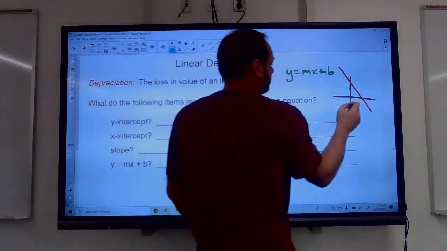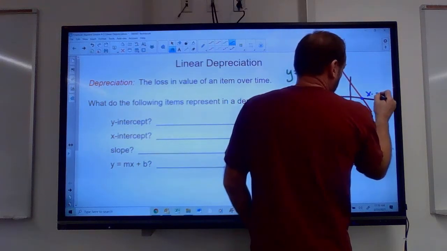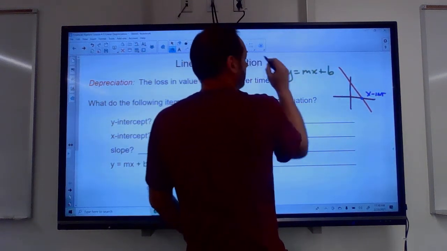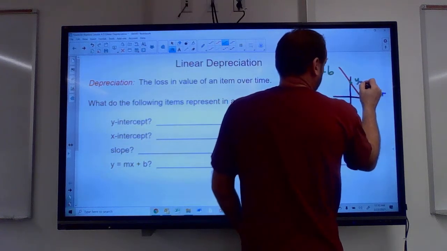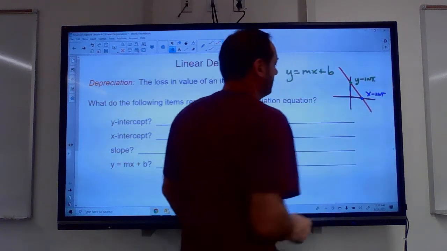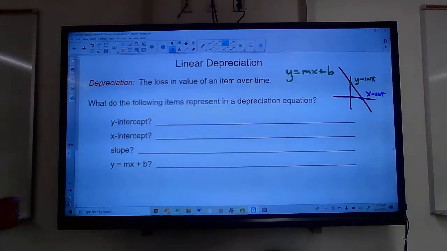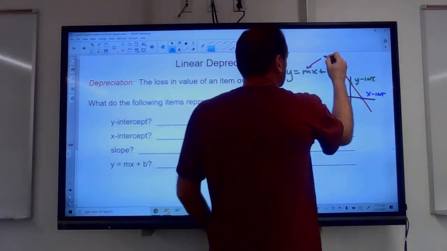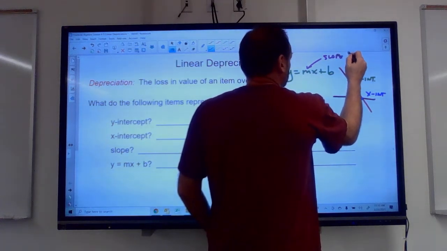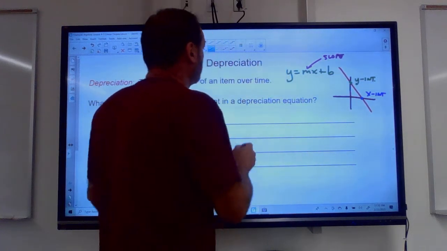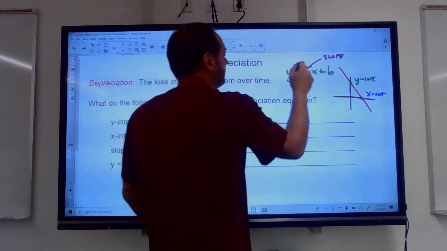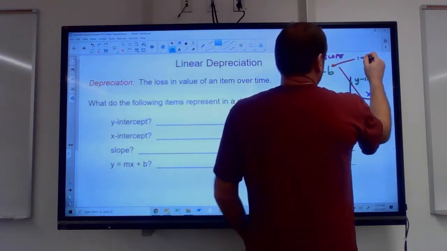And remember, this is your x-intercept right here, and this is your y-intercept right here, where it crosses the y-axis. And remember that m is your slope. That's how steep the line is, and b is your y-intercept.